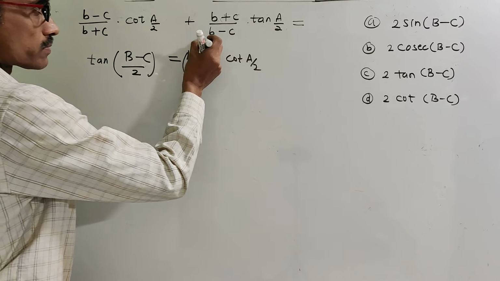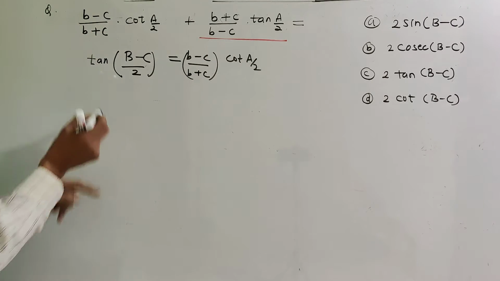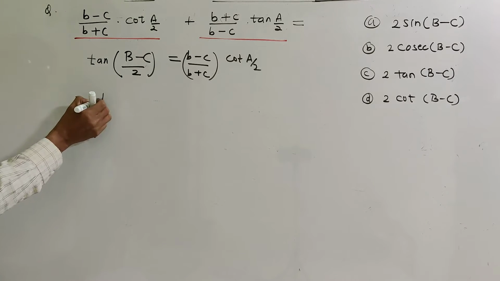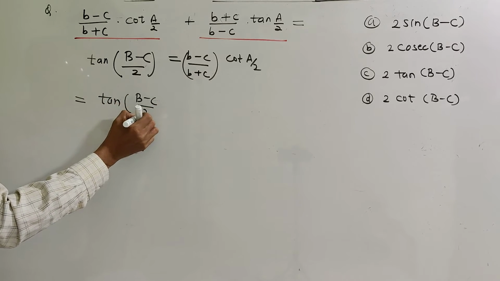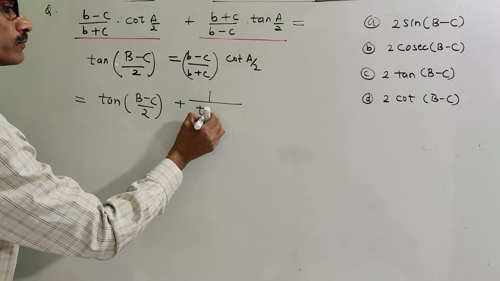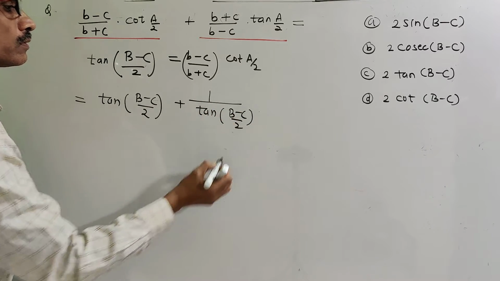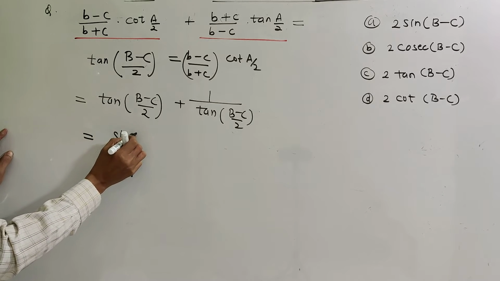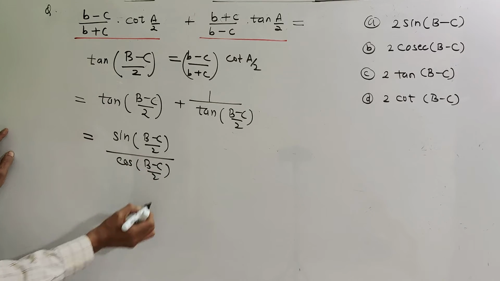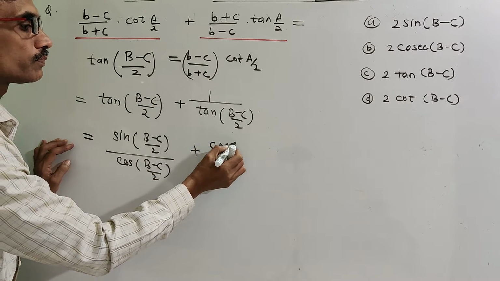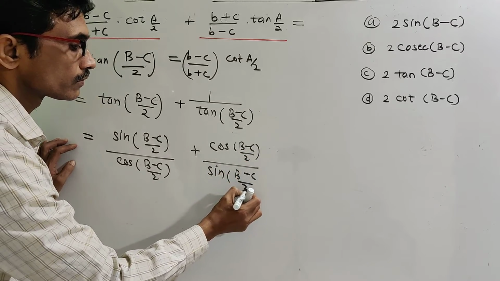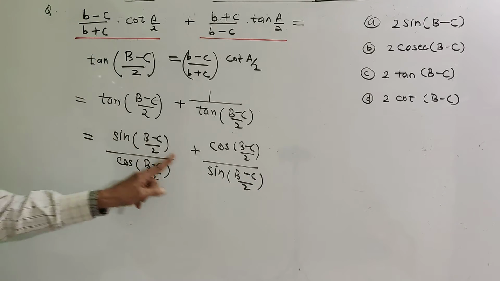So the second expression is cot ((B - C)/2), and the first expression is tan ((B - C)/2). So we have tan ((B - C)/2) plus 1/tan ((B - C)/2), which we can write as sin ((B - C)/2)/cos ((B - C)/2) plus cos ((B - C)/2)/sin ((B - C)/2). The LCM is sin into cos.